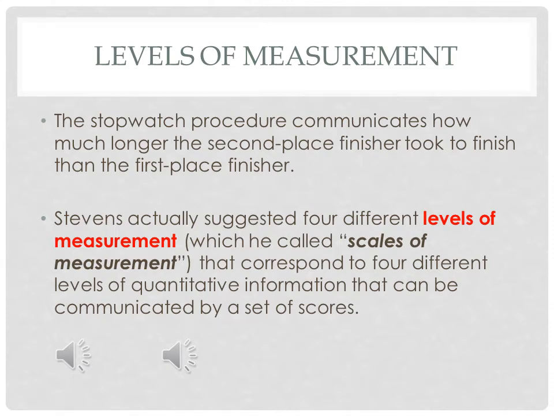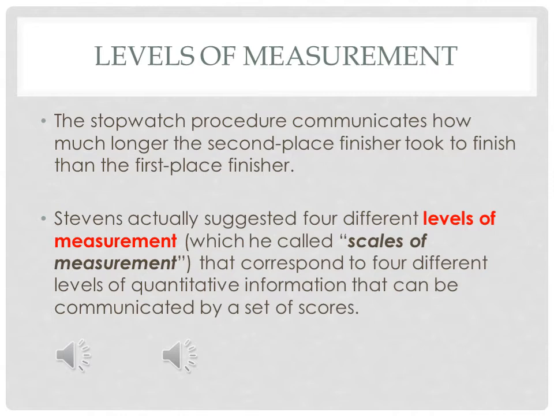So here we have mentioned the stopwatch procedure, instead of the rank order method that classifies as first, second and third. The stopwatch procedure communicates how much longer the second place finisher took to finish than the first place winner.